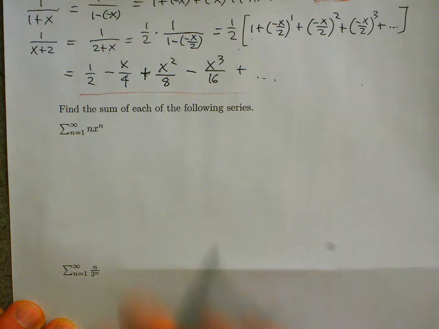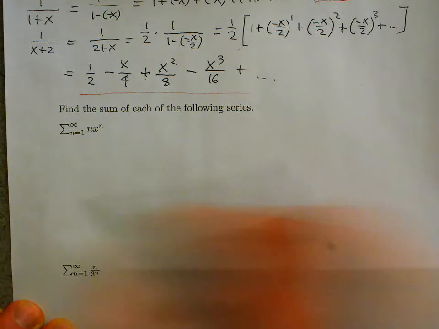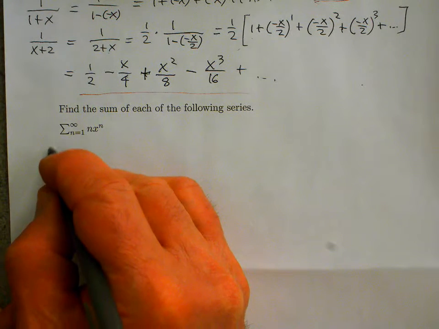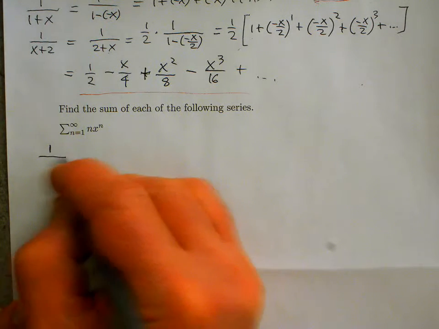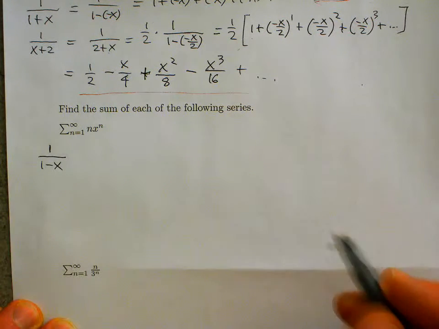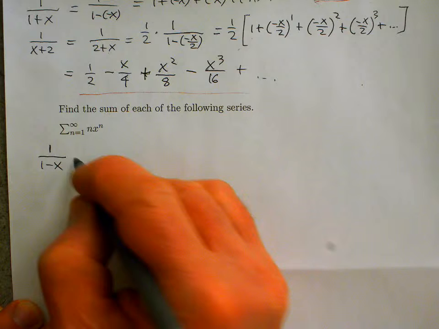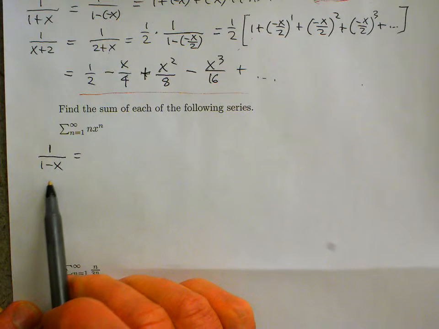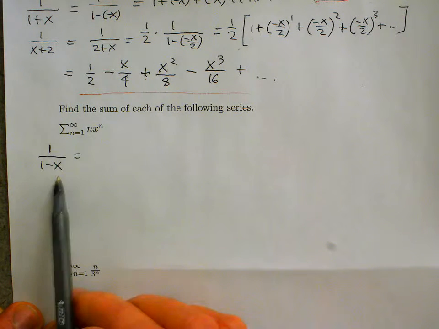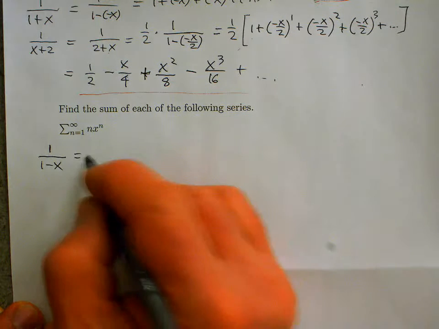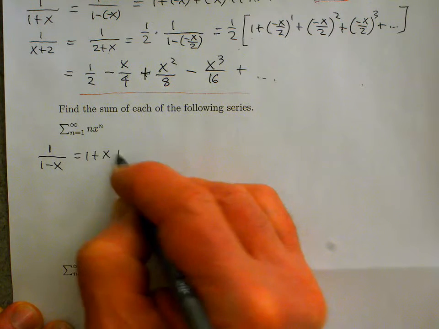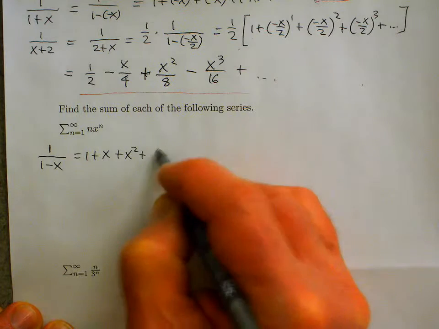Yeah, let's start with 1 over 1 minus x. This is the basic one for the absolute value of x less than 1. 1 over 1 minus x is 1 plus x plus x squared, and so on.